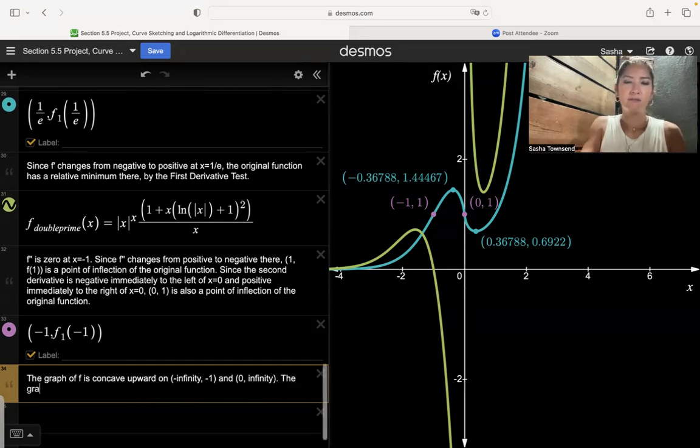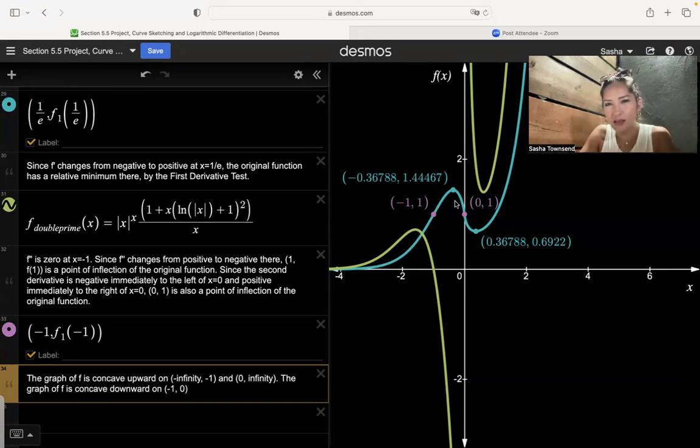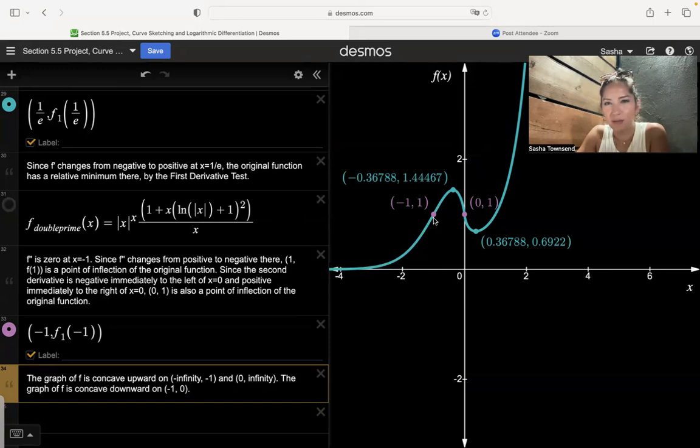And the graph of f is concave downward on -1 to 0, since the second derivative is negative here. And we see that that's consistent with the graph. The original graph is concave downward from that first purple point, -1, 1, to that second purple point, 0, 1.